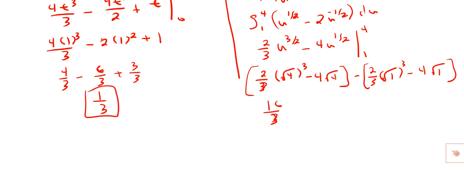The square root of 4 is 2. 4 times 2 is 8. Minus, the square root of 1 is 1, so minus 2/3. And then distribute this minus here, so that becomes plus. Square root of 1 is 1, so plus 4.